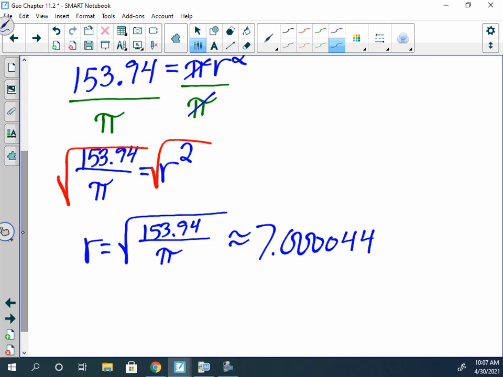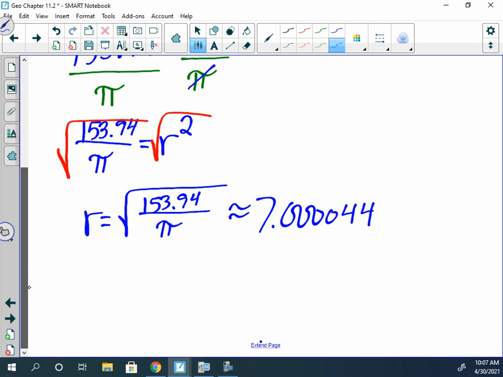Or really the radius is approximately 7. Any questions on this here so far?